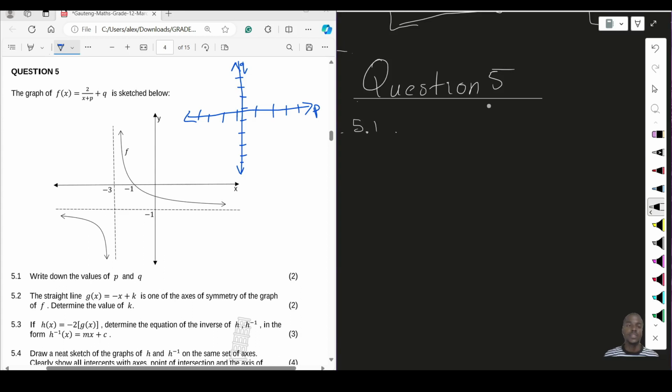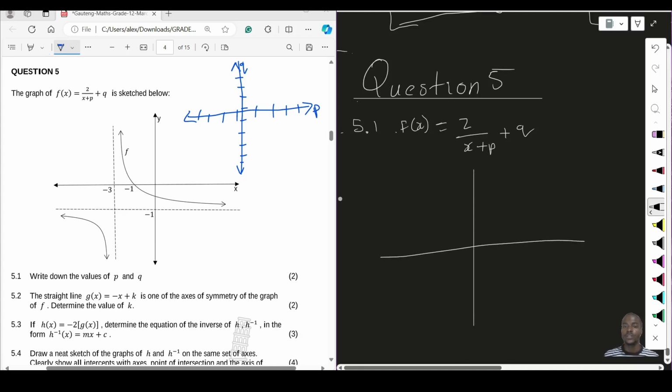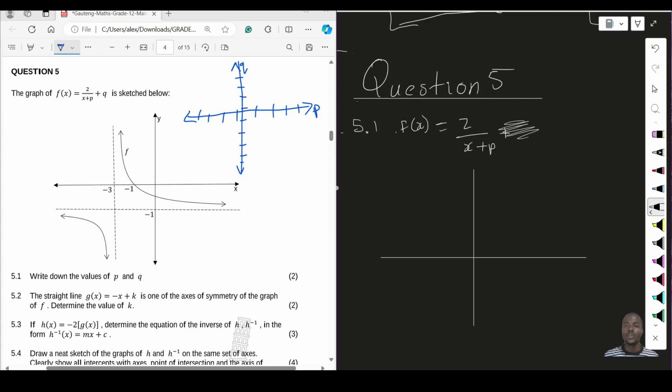So let's answer the question. They say write down the values of p and q. So we have f of x is equal to 2 all over x plus p plus q. So let's draw a Cartesian plane. I want to just illustrate something here. So let's say there's no q, there was no p. The graph was just 2 over x.